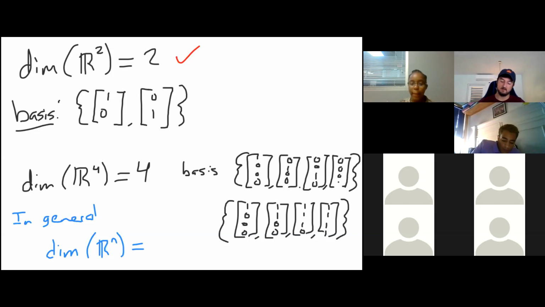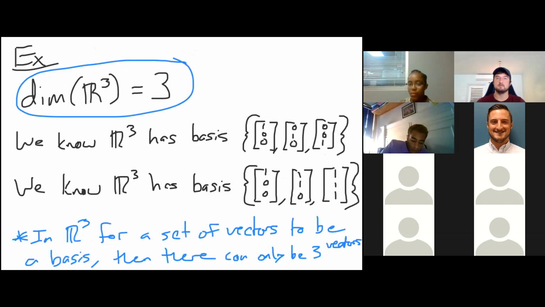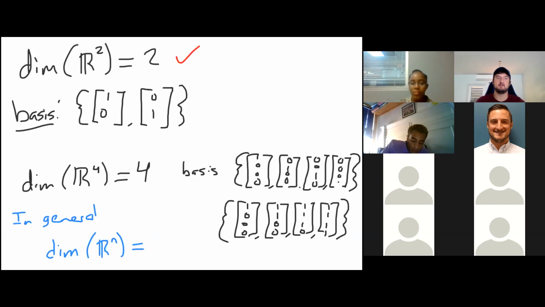So we said dimension of R3 was 3. You've now also said the dimension of R2 is 2 and the dimension of R4 is 4. So in general, the dimension of R to the n will probably be what?